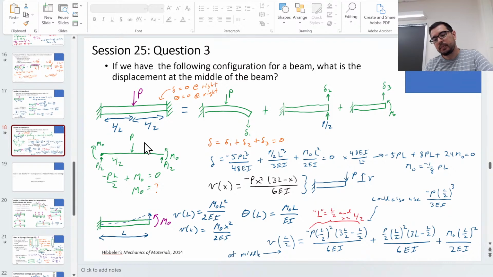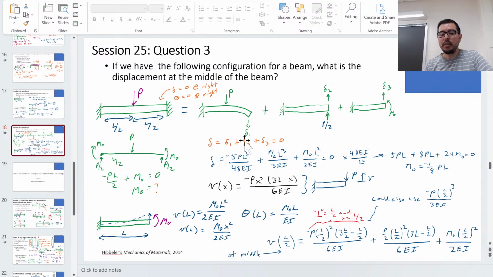There's some force being applied, and we know it's P over 2, split evenly between those two. It's a symmetric problem. And we have some moment being applied on the right, but I don't know exactly what that is yet.